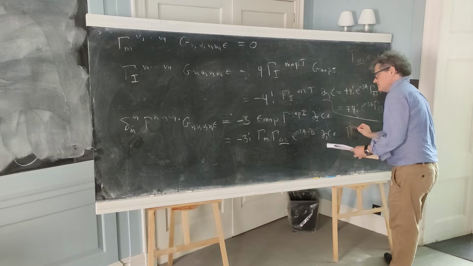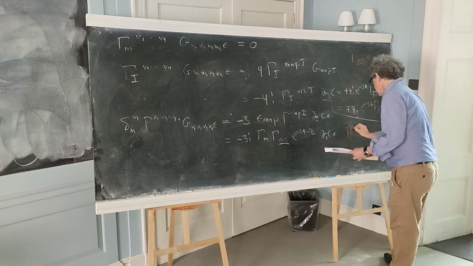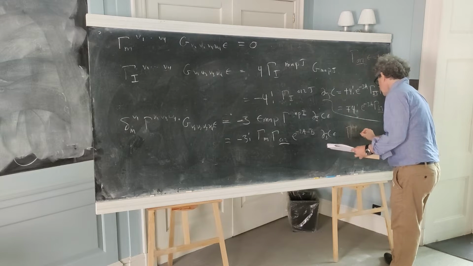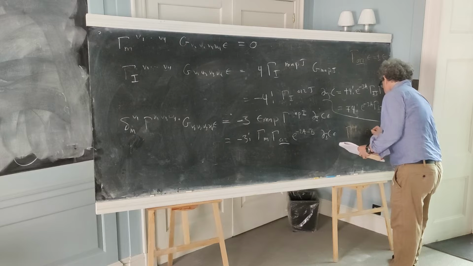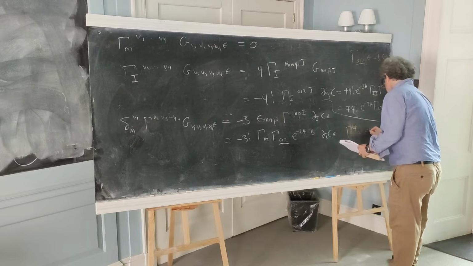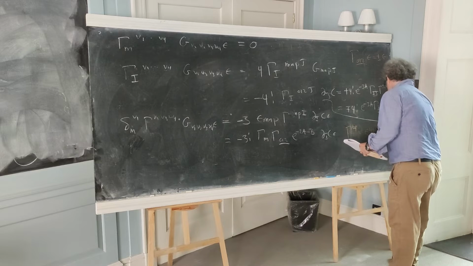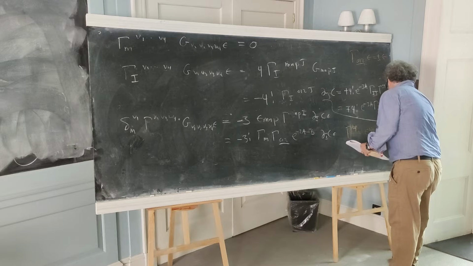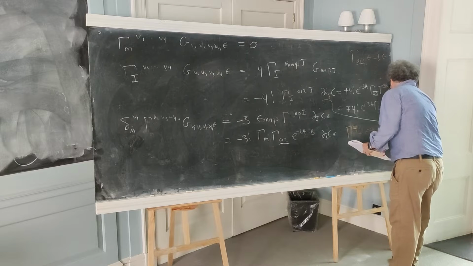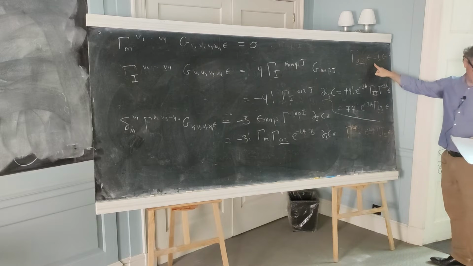Gamma np equals epsilon np, and I guess let me do it all in tangent. Npq gamma 0, 1, 2. This follows from this projector up here.